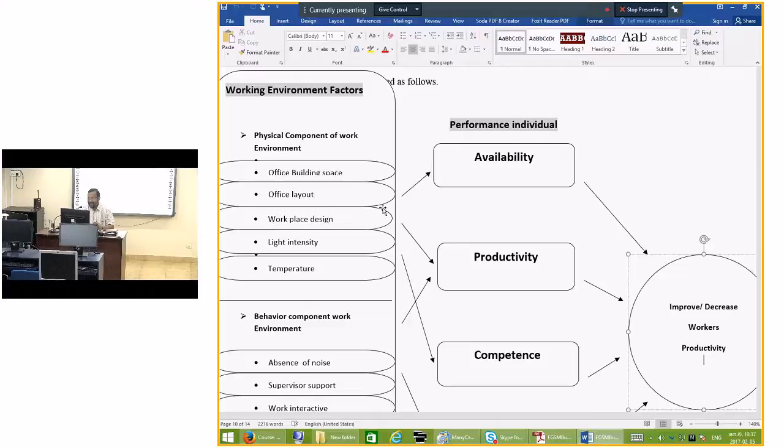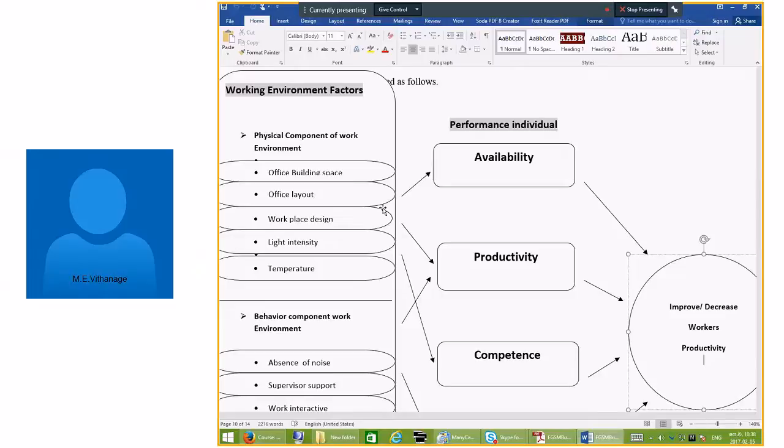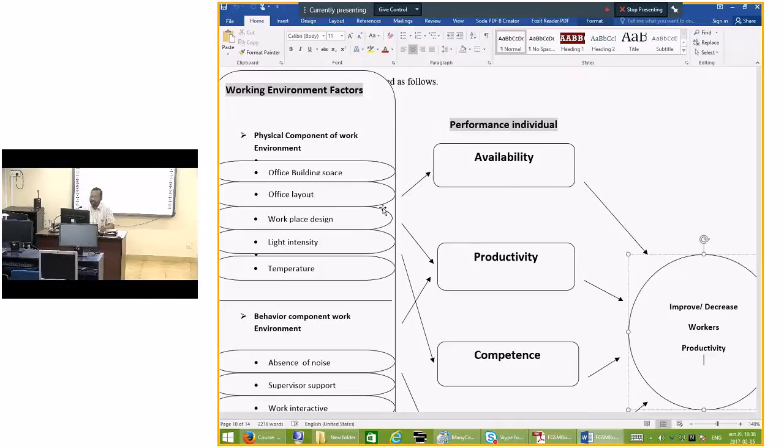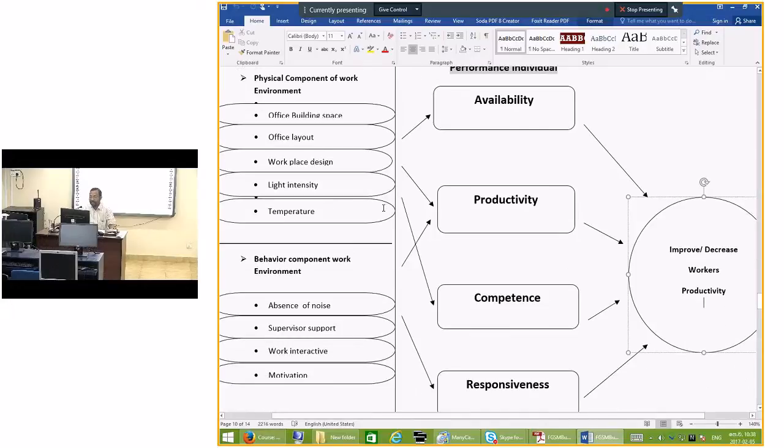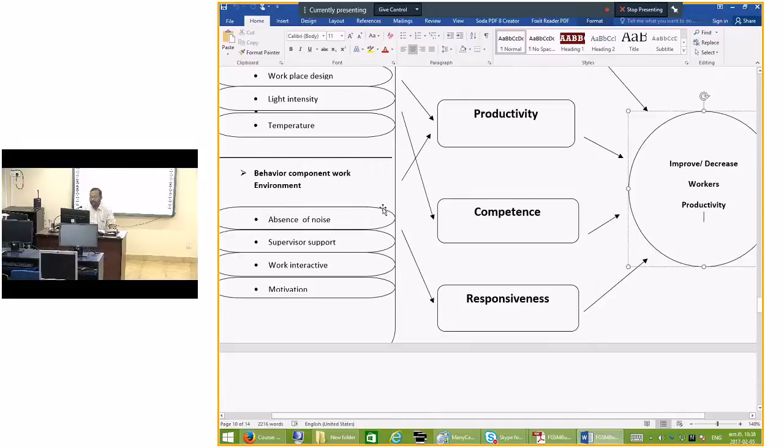Okay. Therefore, now that independent part is clear. You go to the other part, productivity. How do you measure the productivity? That is the important thing. Even though those environment factors are there, we cannot assume that productivity increases or decreases.